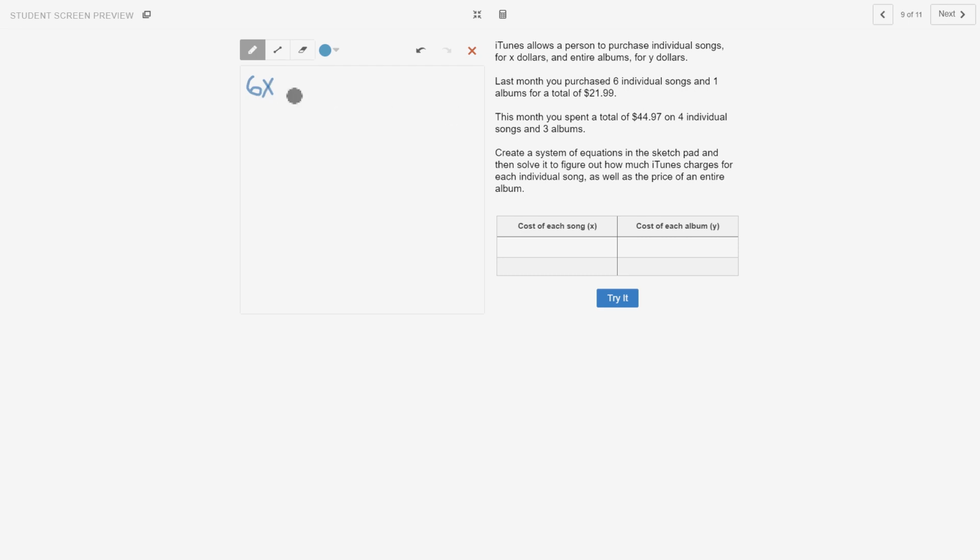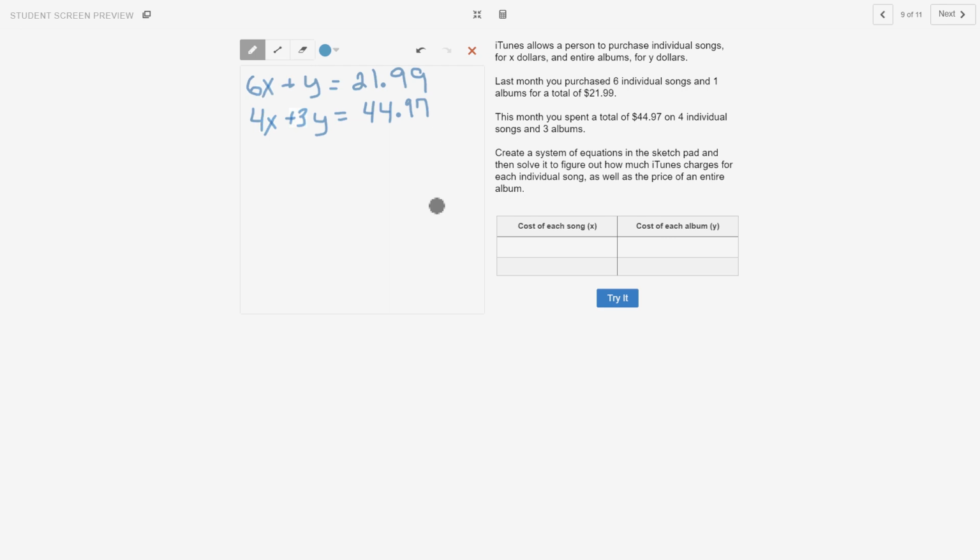And one album, 1Y, for $21.99. And the next piece of information, I spent a total of $44.97 on 4 individual songs, so that'd be 4X, 3 albums, 3Y, and that was $44.97.